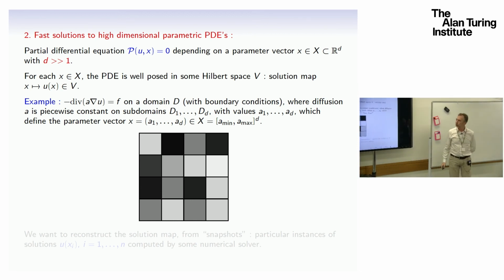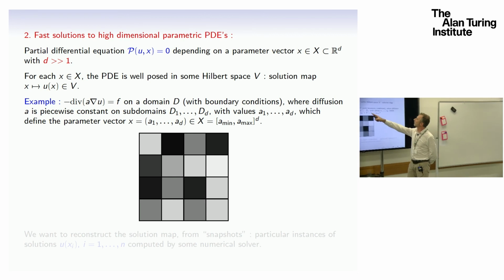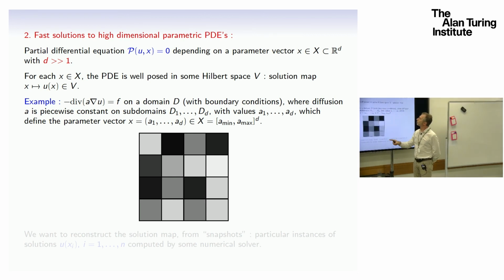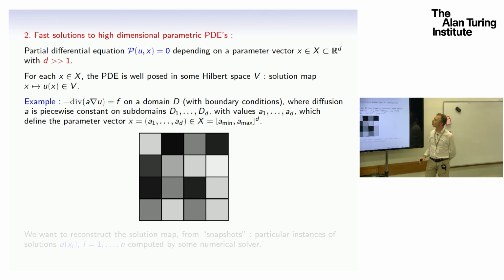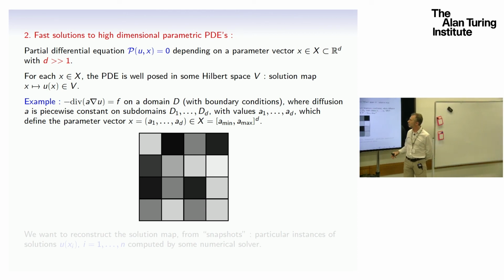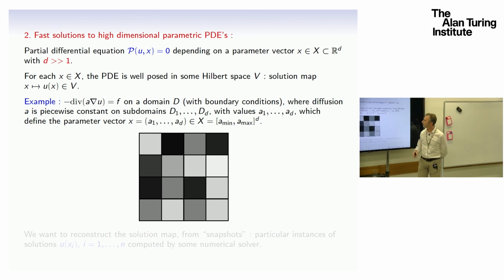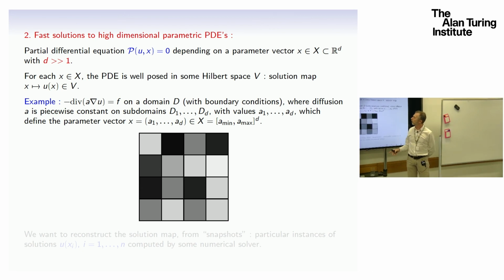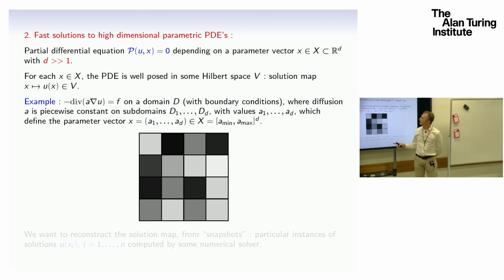So every time you specify the parameter vector, you have a certain solution to the PDE which lives in some Hilbert space. And to take a concrete example, which I guess some people are familiar with here, you could look at the steady-state diffusion equation on some domain and assume that your diffusion coefficient is piecewise constant on different subdomains.